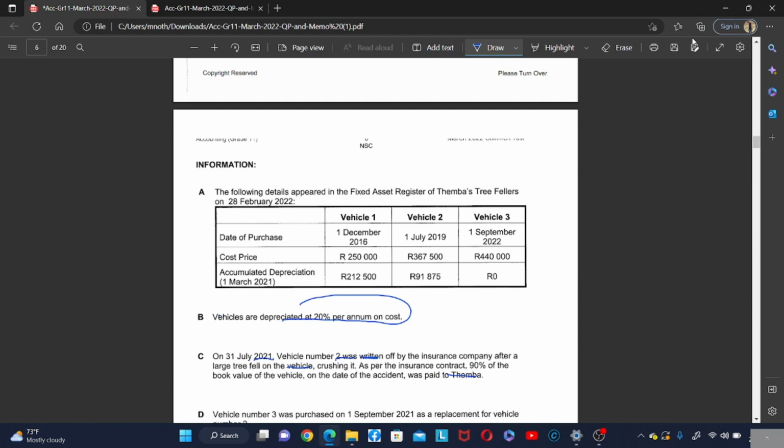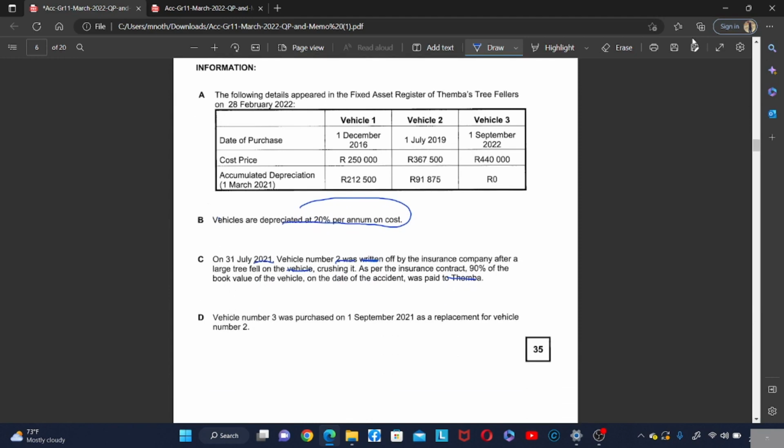So what is supposed to happen here is that we are supposed to go to the vehicles and decrease the vehicles with an amount of 367,500.